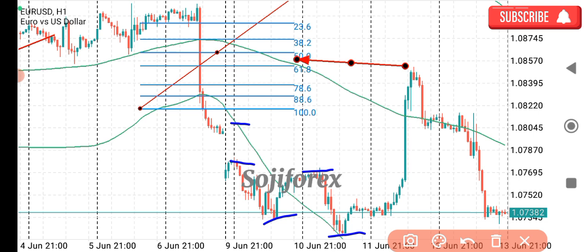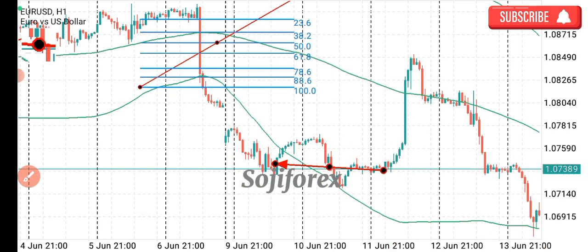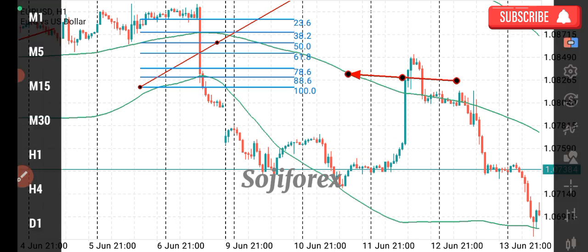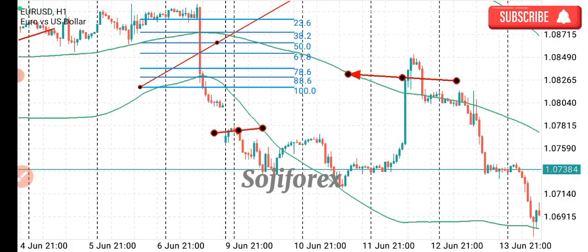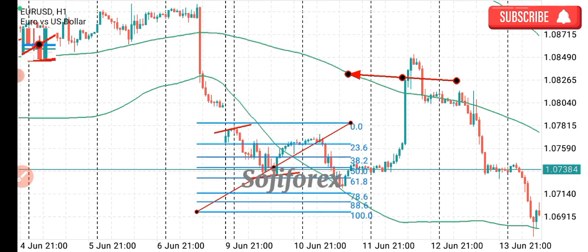So let's say we want to look at this level and this level. So we are considering here and here. So we put our Fibonacci to that level.